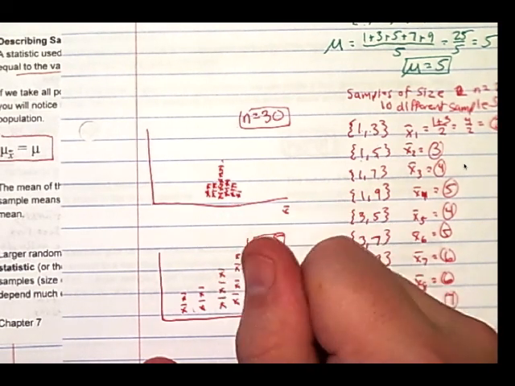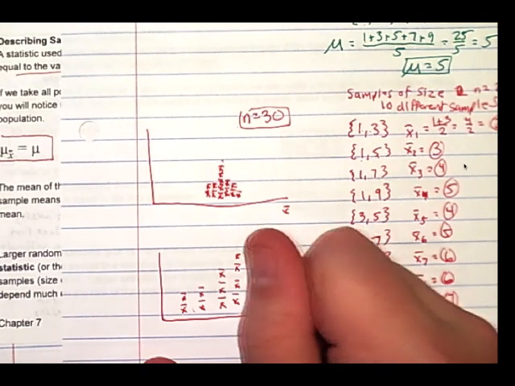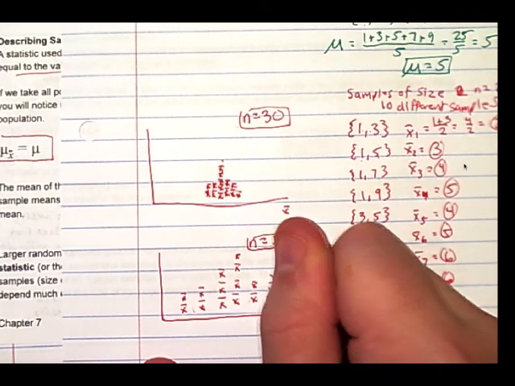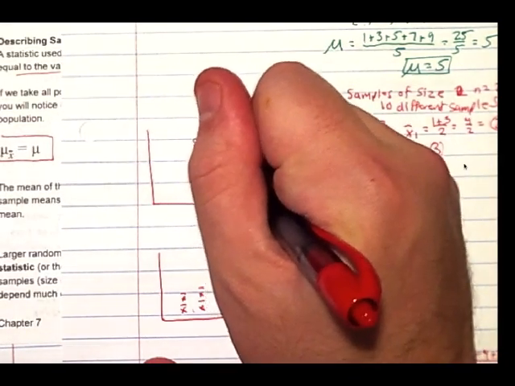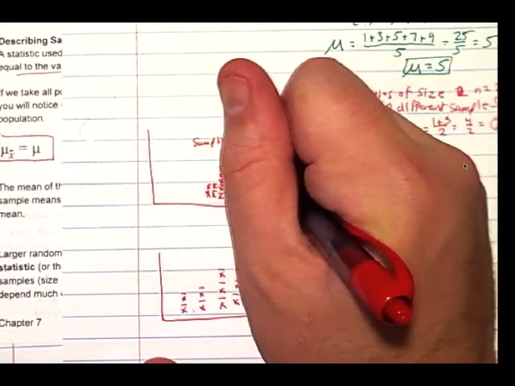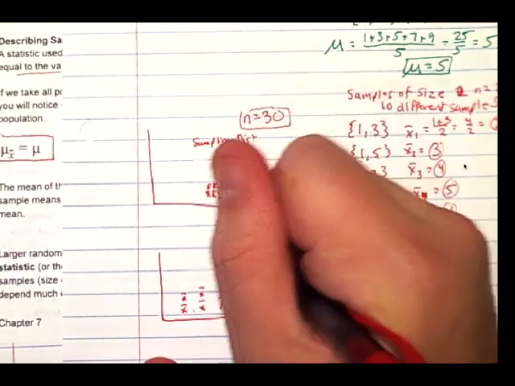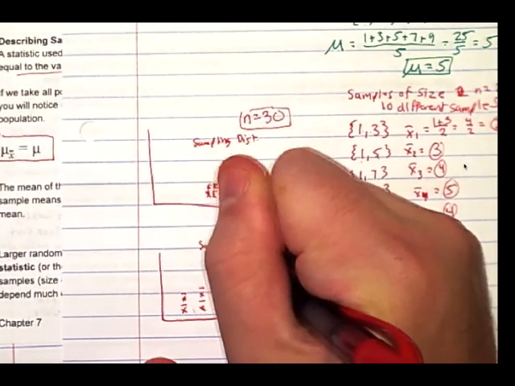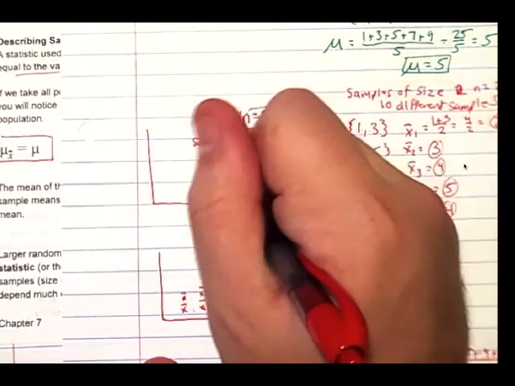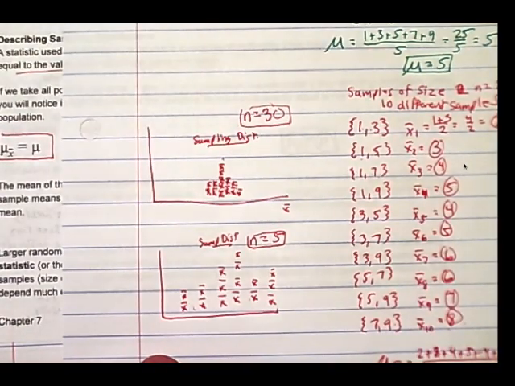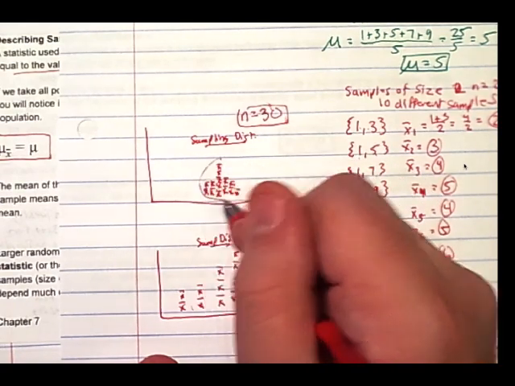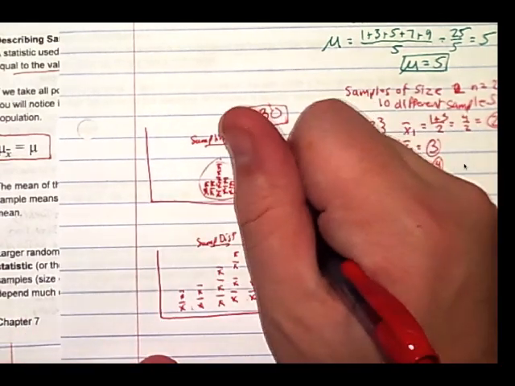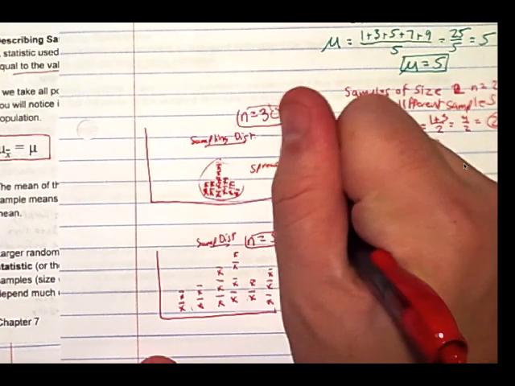So as your sample size increases, these are both sampling distributions, but as your sample size gets bigger, the data is much more condensed, so the spread is less.